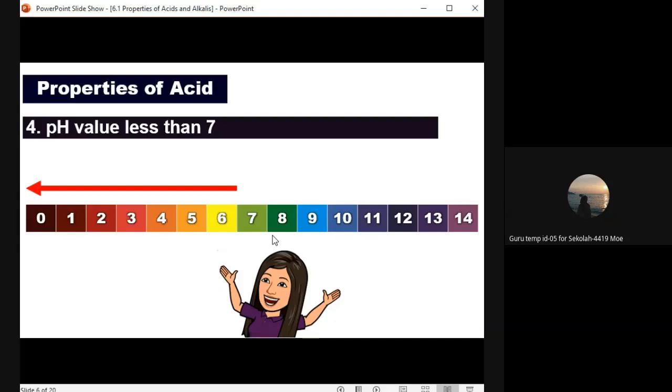So pH is actually a scale used to measure the level of acidity and alkalinity of a substance or solution. Nanti kita tengok lepas ni pasal scale pH ni. So for now you only need to know the pH value for acid is less than 7.